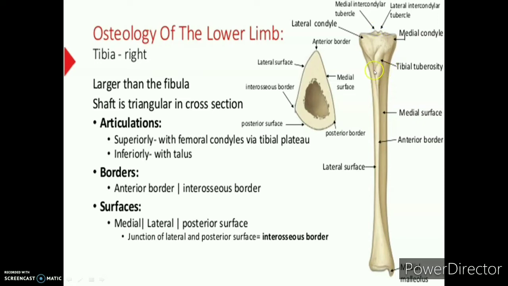Next, the shaft. In a cross-sectional view of the shaft, you can see a triangular shape, which means it has three surfaces: medial, anterior and lateral. As for articulation, superiorly it joins with the femoral condyle and inferiorly with the talus of the foot bone.